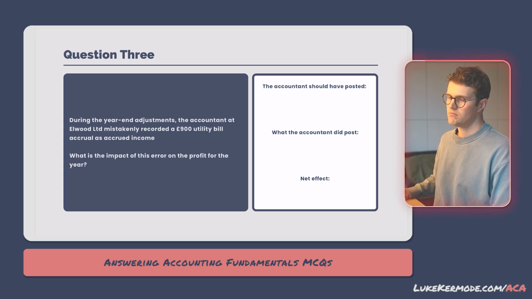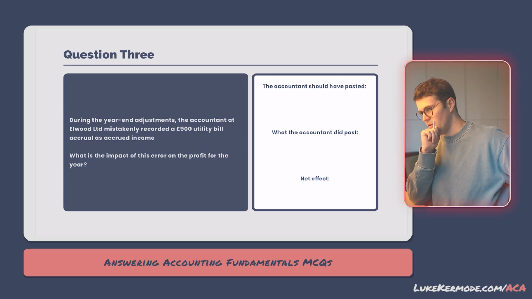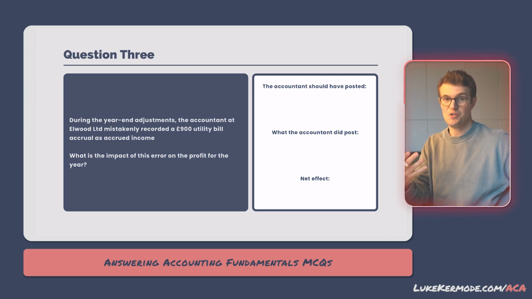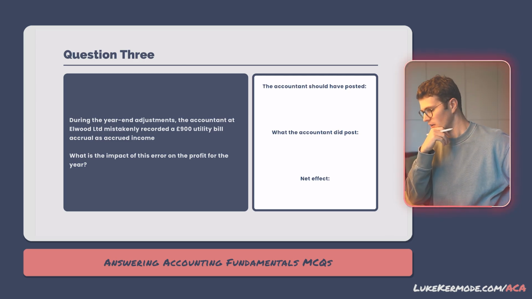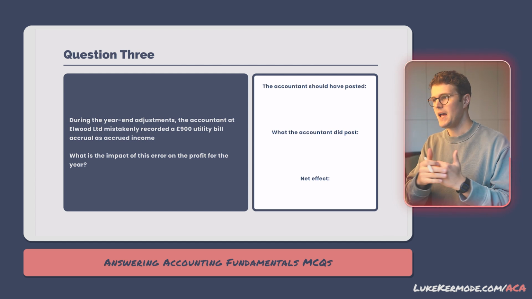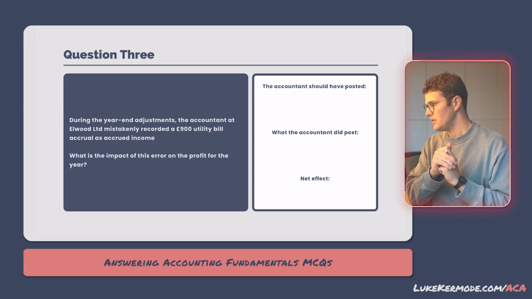First, let's think about what the correct accounting treatment should have been, i.e. what the accountant should have posted if they'd recorded this issue correctly. So a utility bill that relates to the current year but that hasn't yet been paid needs to be accrued as an expense.